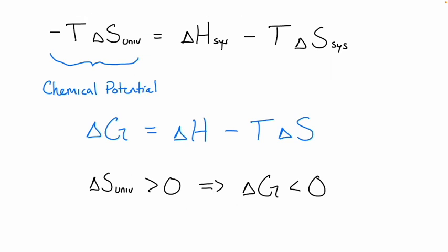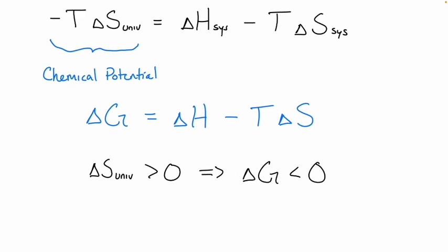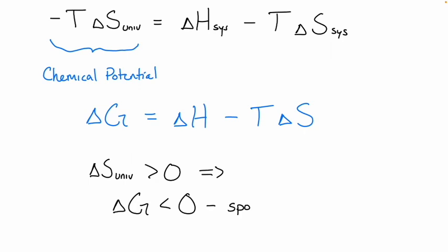Because we have that negative T times our delta S. Okay, if delta G is negative, we would call that a spontaneous process. Something that will actually occur.